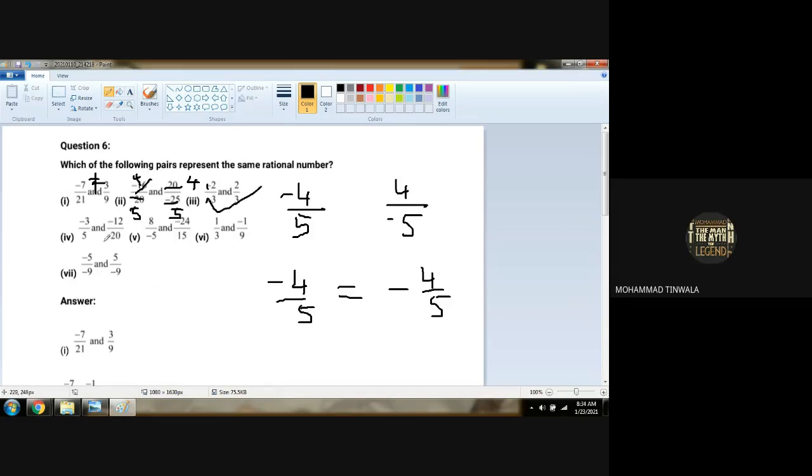And in the same method, you have to check out all the rest of the sums. Am I correct? Anybody has any doubt? Again, I am telling, when numerator is negative, it does not divide up and down. Minus plus, what do you speak? Minus. So the minus comes in the center, 4/5.